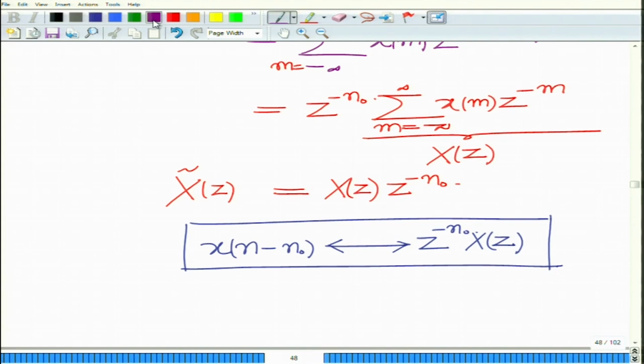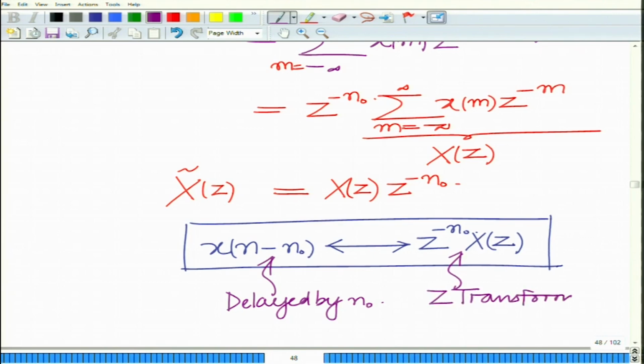So this is a signal delayed by n naught, and this is its z transform, that is, its original z transform multiplied by z raised to minus n naught.